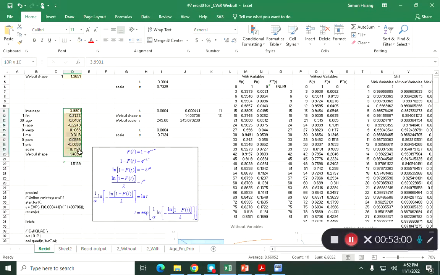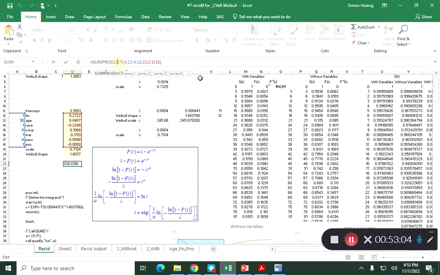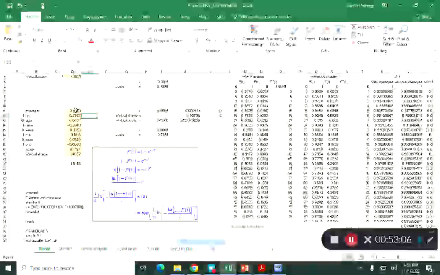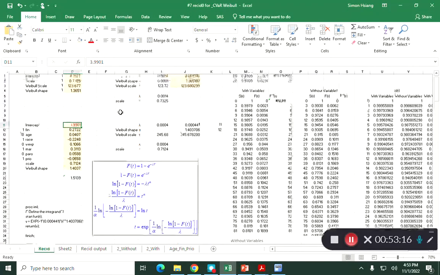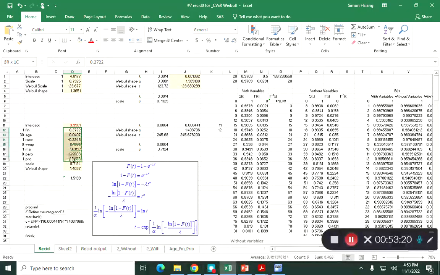Well, we can put a sum product right now. Okay, here is the parameter I have before, right? But this time, last time, look at before, I only had the intercept. But now, besides intercept, I have what? A bunch of covariates, right?